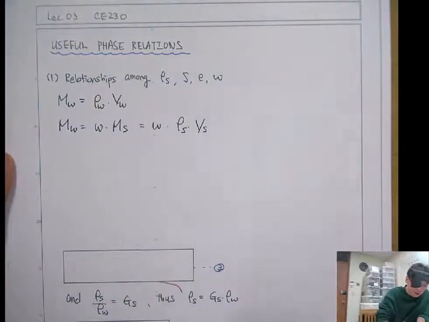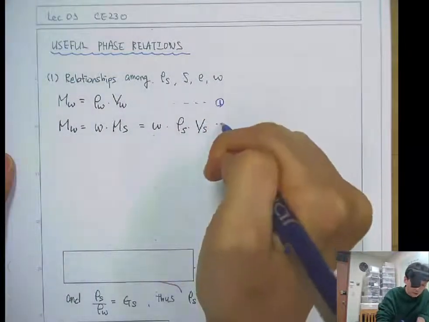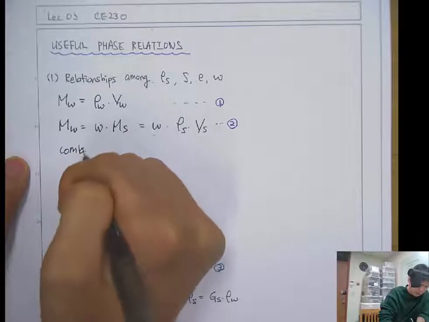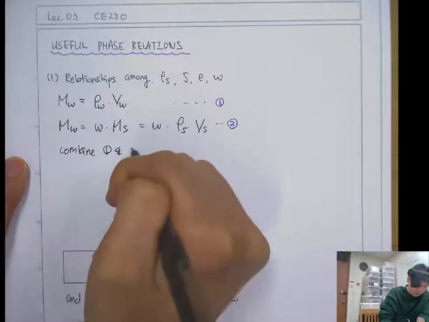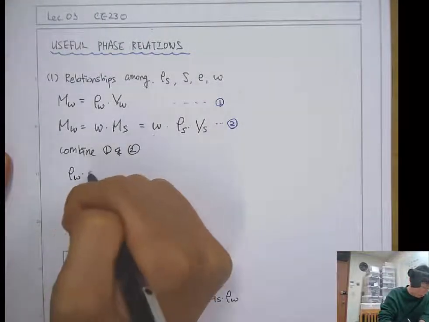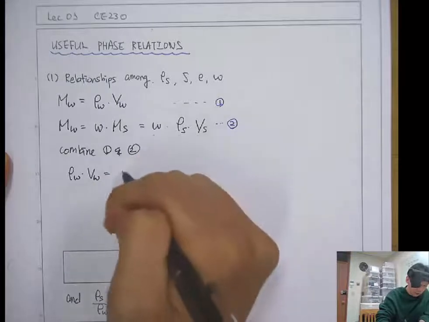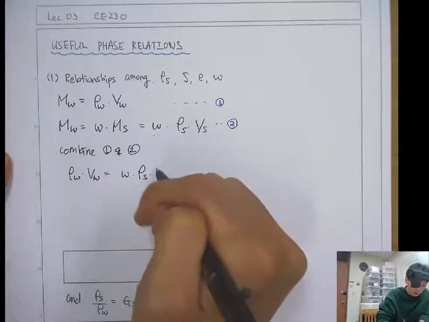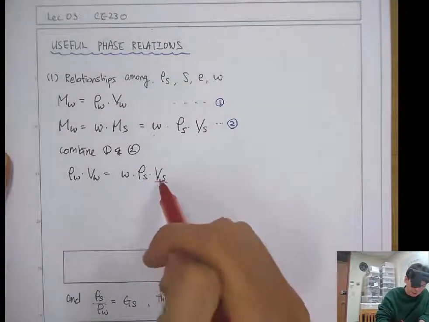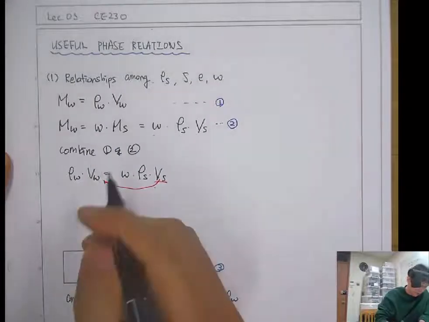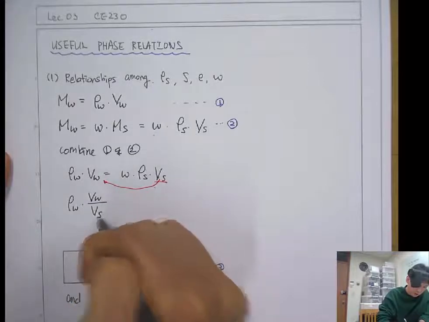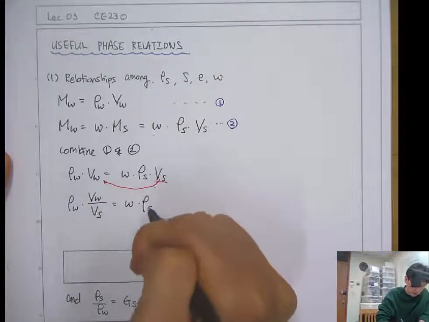So let's define the first one as equation 1, and second one as equation 2. If we combine equation 1 and equation 2, rho w V w is w rho s V s, and we can move this V s into the left side, and rho w and V w over V s equals w rho s.